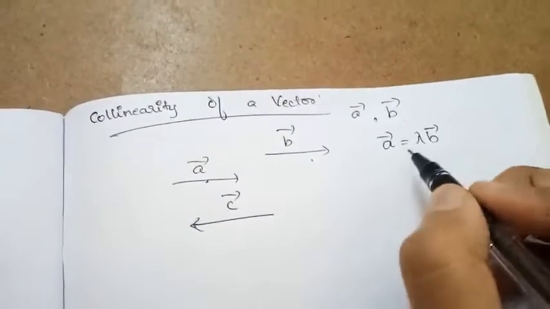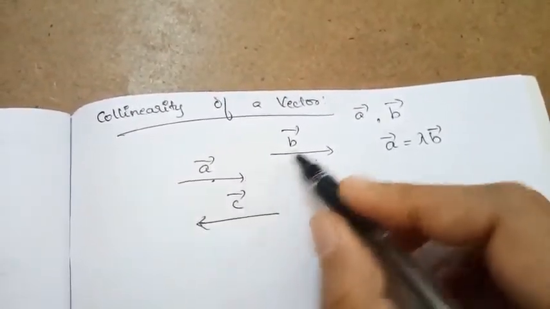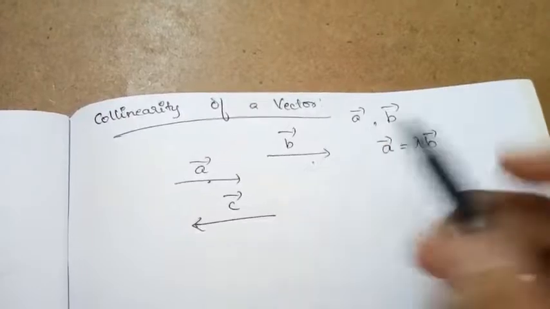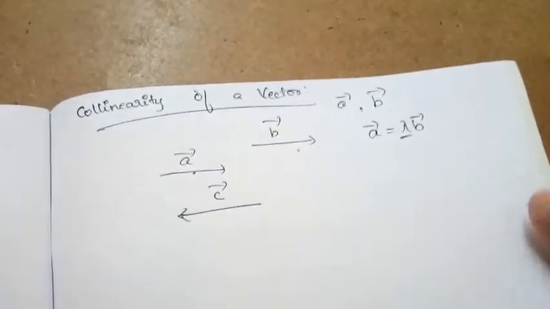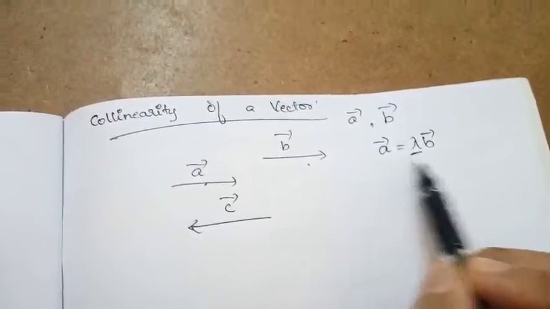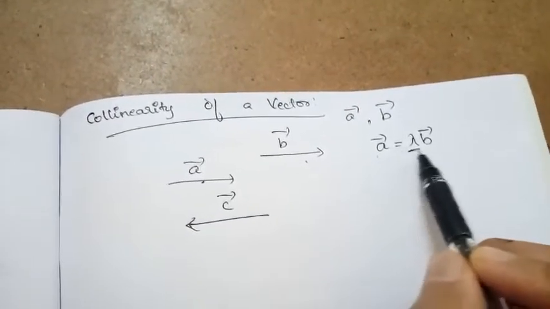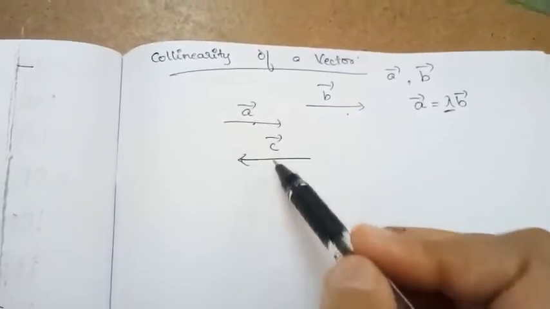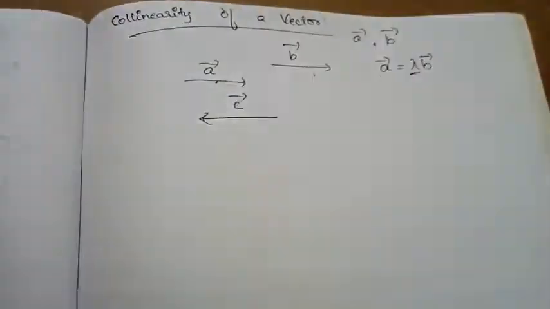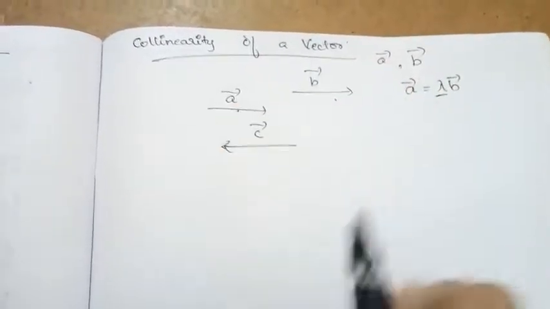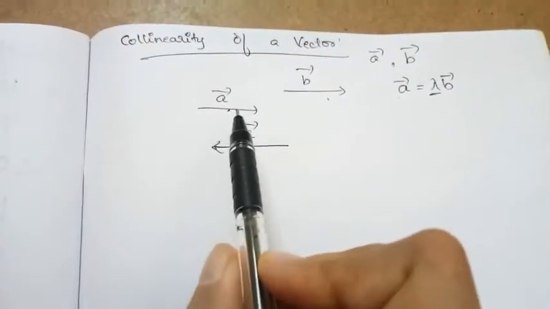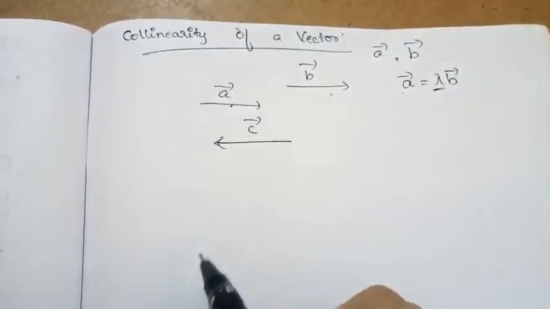If I write like this, direction is the same between vector A and vector B, and the magnitude of vector A and B is balanced with some scalar lambda. So with that lambda, we can say that vector A is equal to lambda times vector B. Now look into vector A and vector C. You can see here the direction of these two vectors is in the opposite side, and there are changes in their magnitude also.